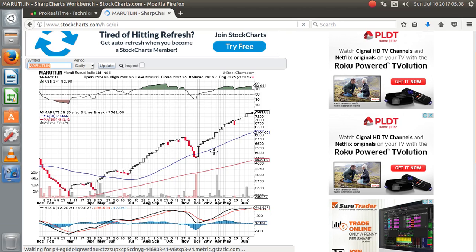Again, you could use just the latest signal. If you bought like at 5,500 rupees, the Maruti Suzuki, you could have gotten out like at 6,500 rupees, so 1,000 rupees per share made there, and you can go up more.